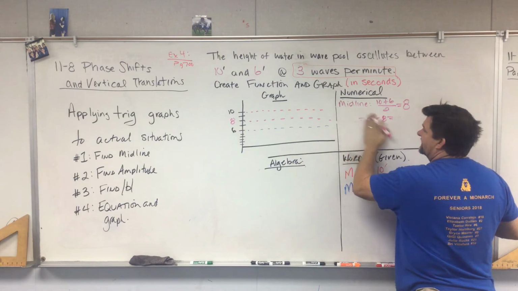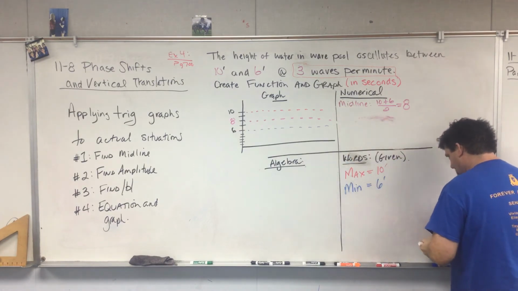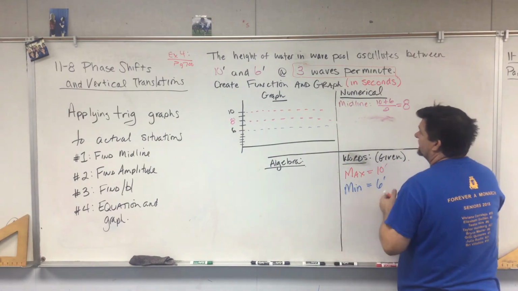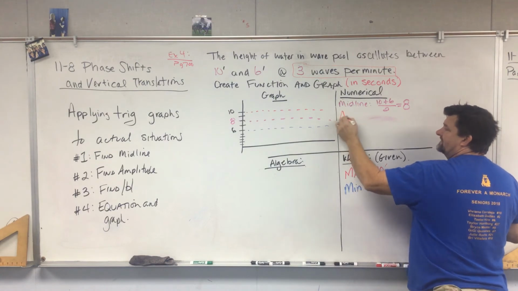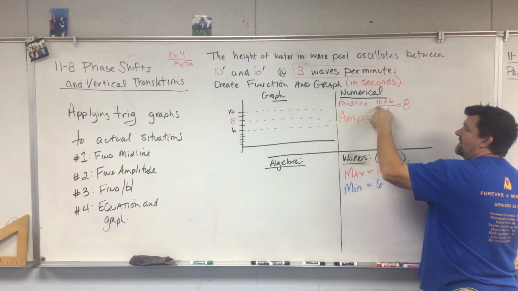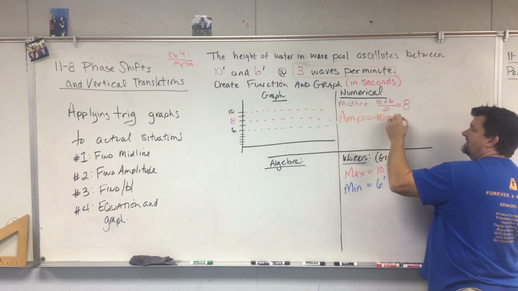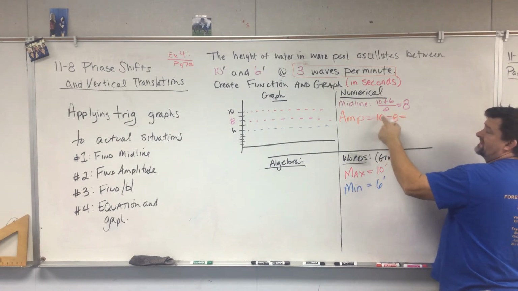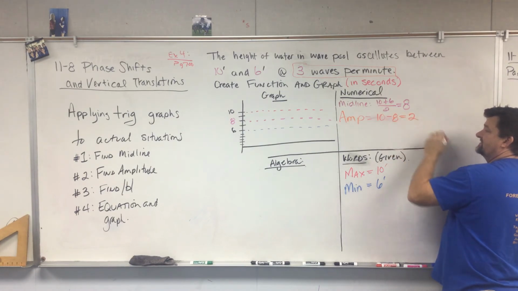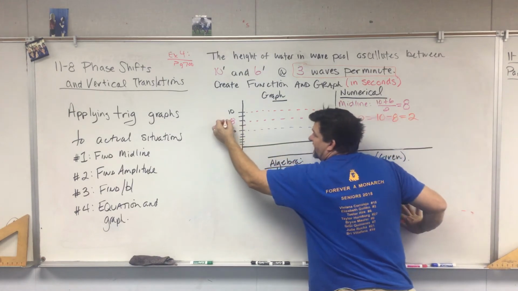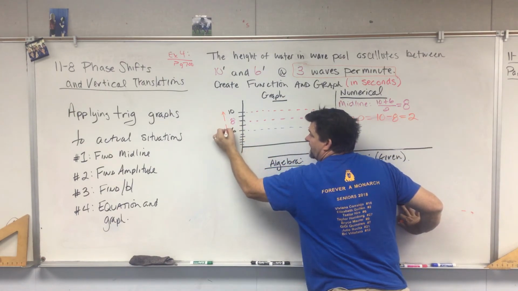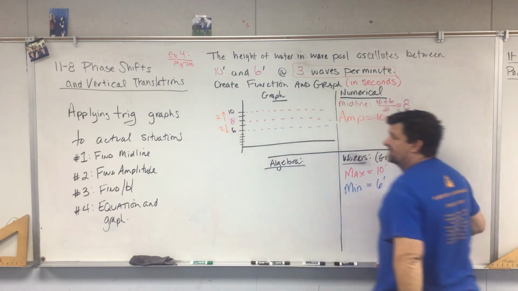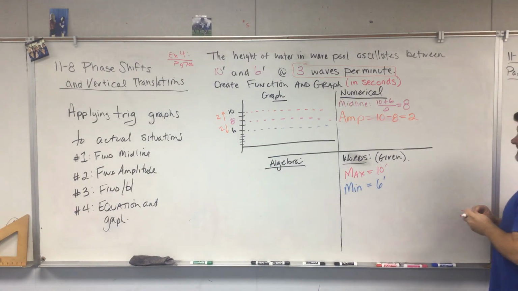My maximum 10 minus my midline 8 is 2. So that means I've got a difference of 2 here. That's 2 and that's 2. That's my amplitude. That's how high the curve is going to go.